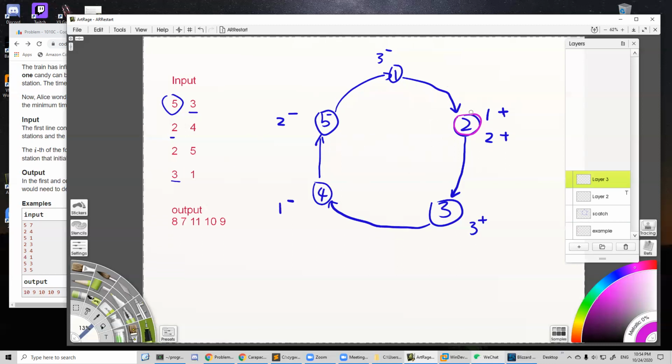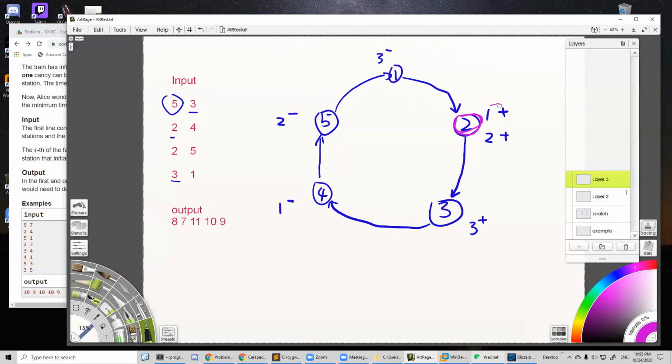So first, let's calculate the optimal time cost to move all of those candies in station 2 to the right places. Let's see which candy we need to move first. The optimal choice is obviously to choose the further candy first, right?